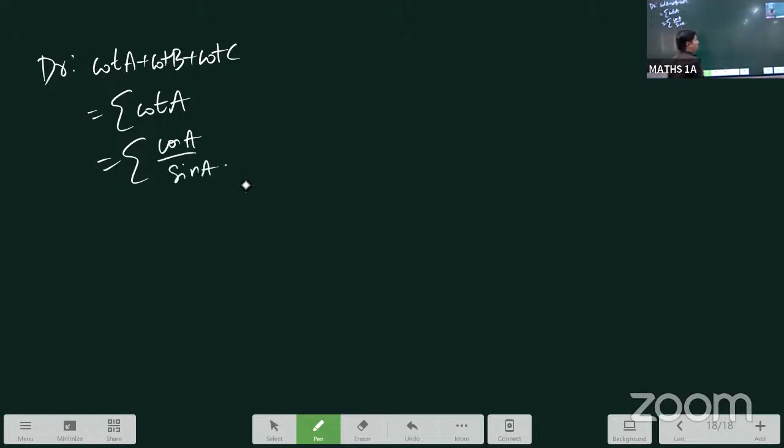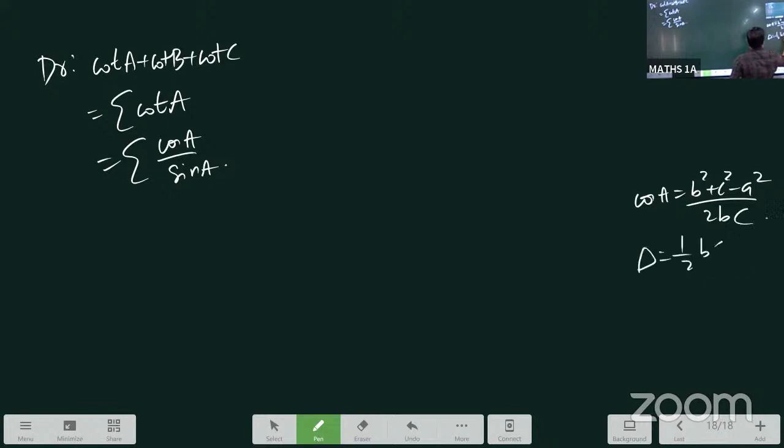Again, the cosine rule formula I am writing here. Cos A is B square plus C square minus A square by 2BC. And delta is equal to half BC sin A. Then 2 delta is equal to BC sin A. These are the formulas which I am going to use now.